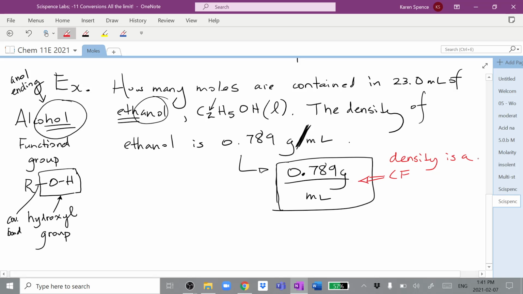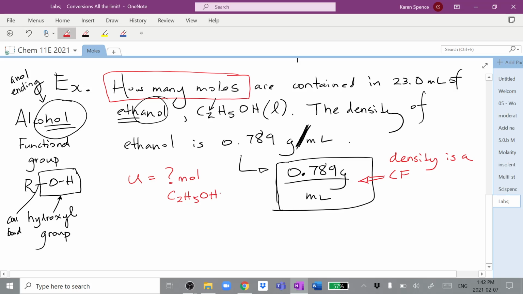Usually one of the easiest things to find is what is your unknown, because it has the question words attached. How many moles? So our unknown is how many moles of ethanol. So that's C2H5OH. And we are told that we have 23 milliliters of ethanol. And so that's going to be our initial quantity.